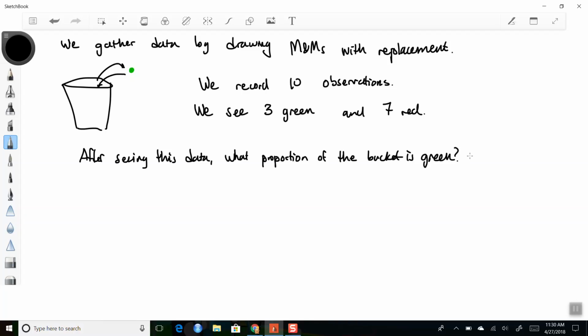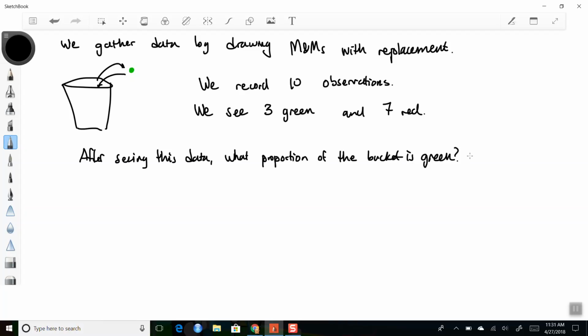Okay, so before we do any kind of math, we'll save the math. Let's just talk a little bit intuitively about this. All right, what do you think is a likely possibility for the proportion that's green in the bucket? What's that? 30%. 30% seems very likely, right? If we drew 10 and 3 of them are green, then it seems like 30% green is going to be a very likely value.